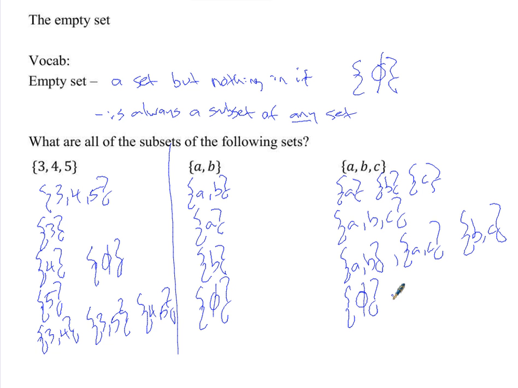What if I had a D on here as well? So now it's A, B, C, and D. Well, first of all, I'd have to add on this D right here, right? I'd have to have not just A, B, C, but also A, B, D. And then A, C, D. And there's a whole bunch more that I have to include.